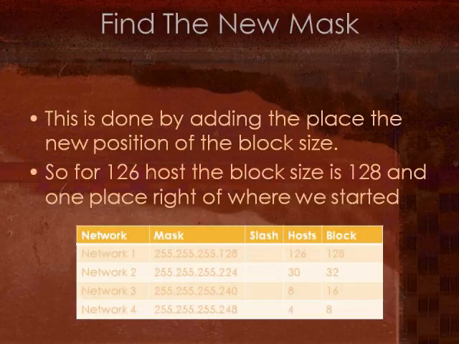For network 2, your new mask is 255.255.255.224. You got that by adding 128 plus 64 plus 32 together to get 224. Same with network 3: the mask is 255.255.255.240. You got that by adding 128, 64, 32, and 16 together to get 240. And network 4 will, of course, be 255.255.255.248.